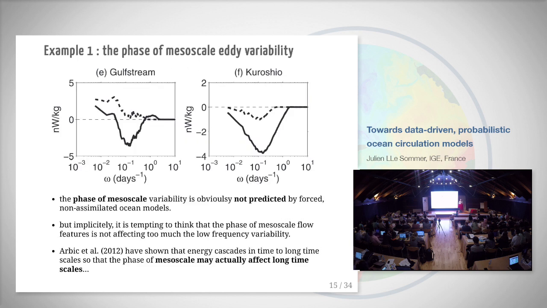Okay. Examples of how errors could actually translate into affecting the signal you look at in models. So what I've shown here, because Brian is in the room, is results from one of his studies 5 years ago, looking at the inverse cascade in time, in frequency space.